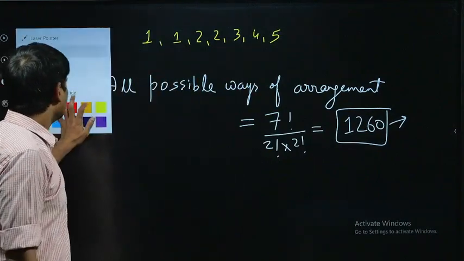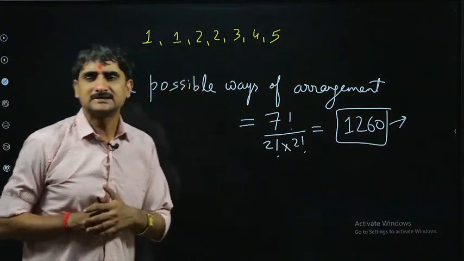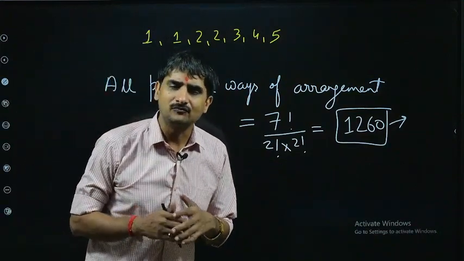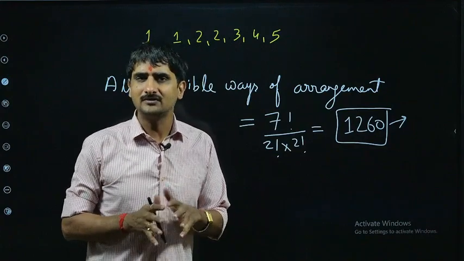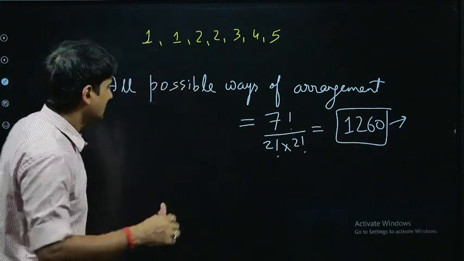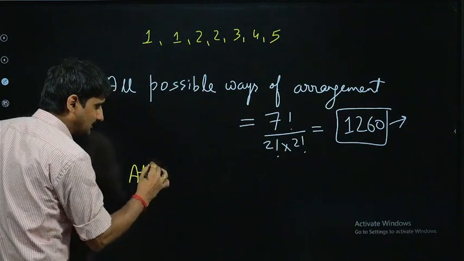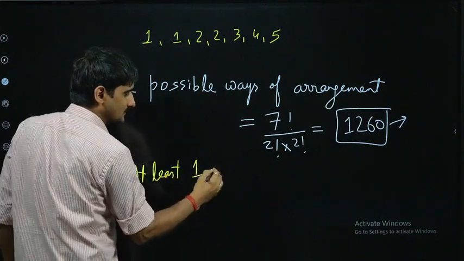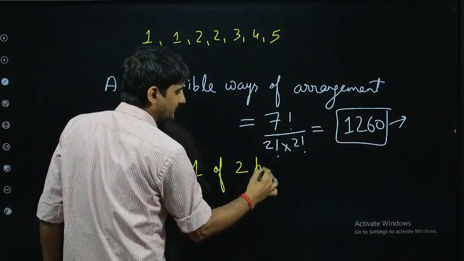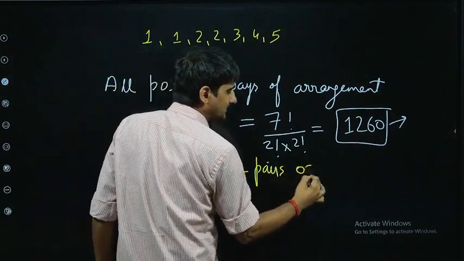Now I thought, let's say that at least one of those 2 pairs, 1 1 or 2 2, appear together. What does that mean?